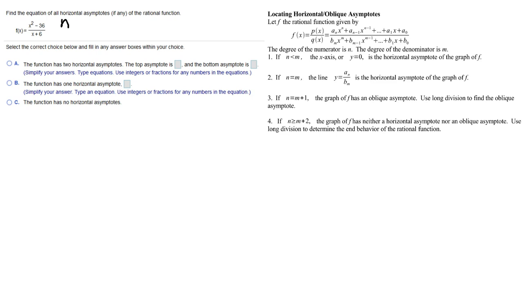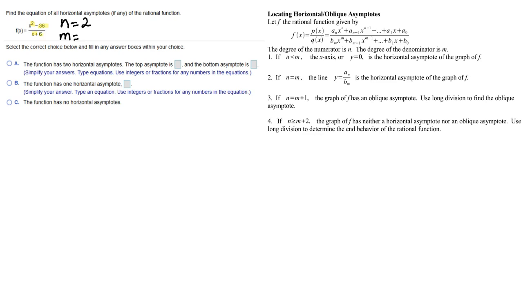So for the numerator, we're looking at the power on x. So this term has a power of 2. This term doesn't have an x at all, so we say that's a power of 0. That's the constant term, has a power of 0. And we're going to take the higher power of 2. So n is equal to 2. Then for the denominator, m, you look at the power on x here, that would be a power of 1.